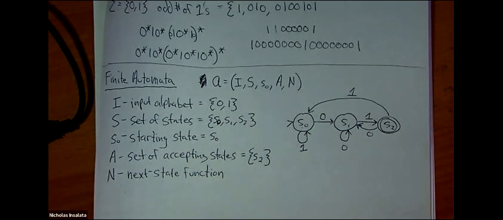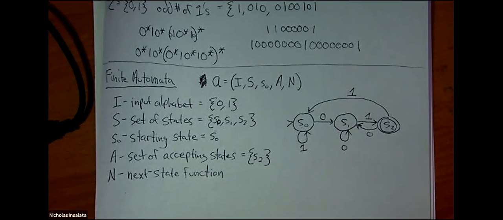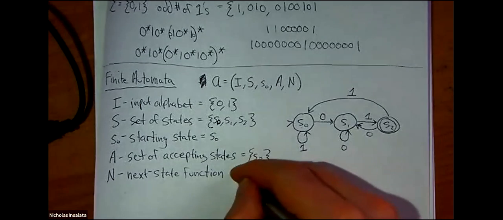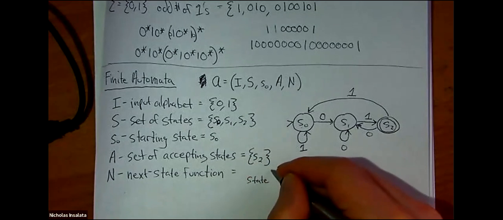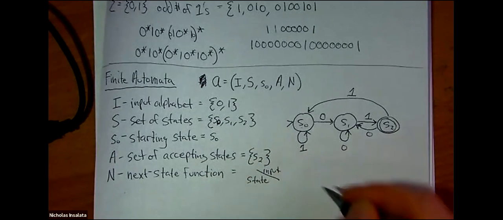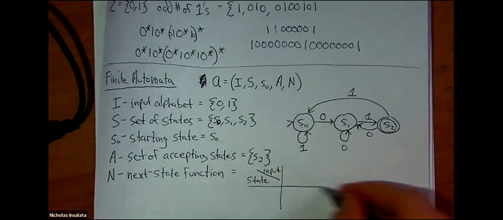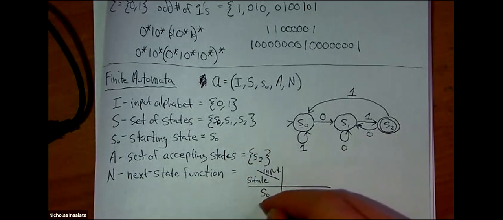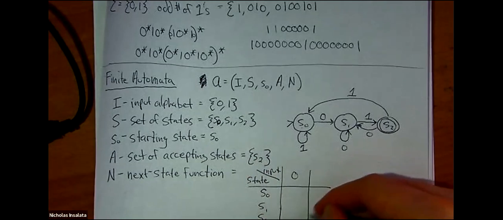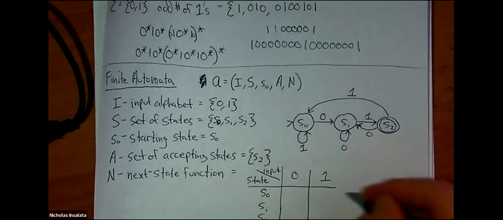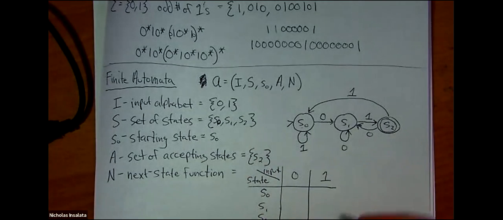So here we're going to have a little table where we have our state here and our input here. I think you guys might be able to do this part. See if you can fill out this table.